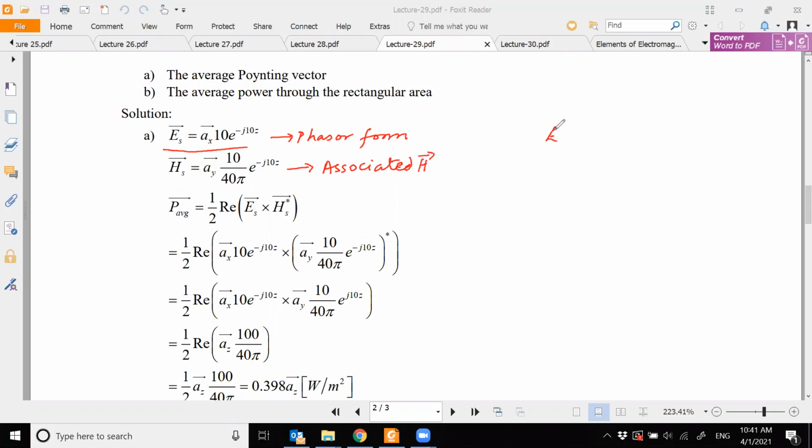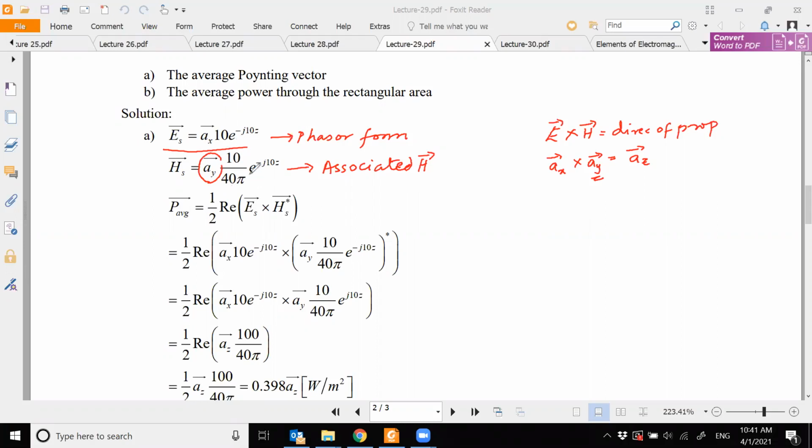E bar cross H bar gives me the direction of propagation. My direction of propagation is AZ, and my electric field is along the AX direction, so my magnetic field will be in the AY direction.